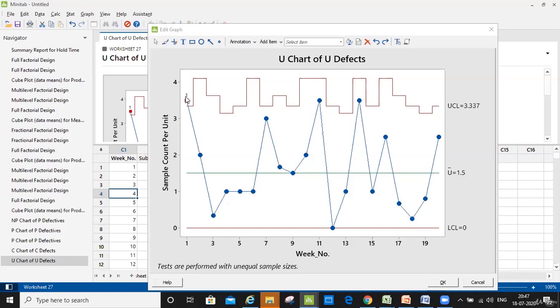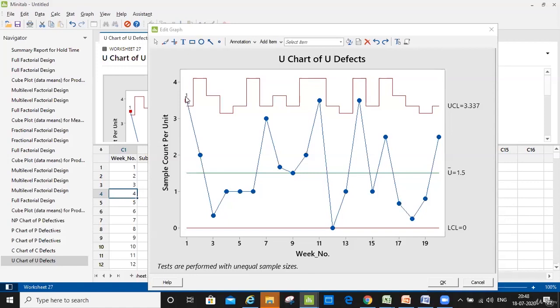Okay. And one more question. So UCL, why are we seeing a square shape? If the UCL is 3.37, that should be a linear line, right? So the answer to this question is that in the U chart and in the P chart, the subgroup sizes are not constant. It is variable.